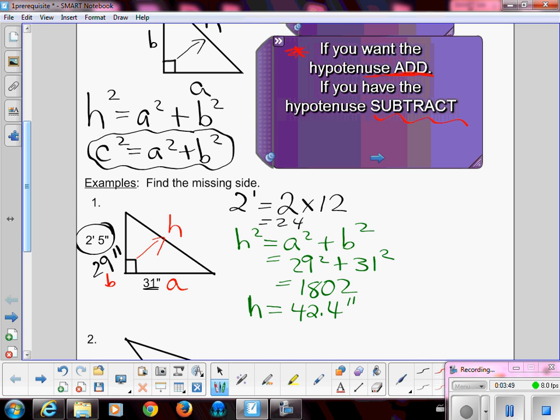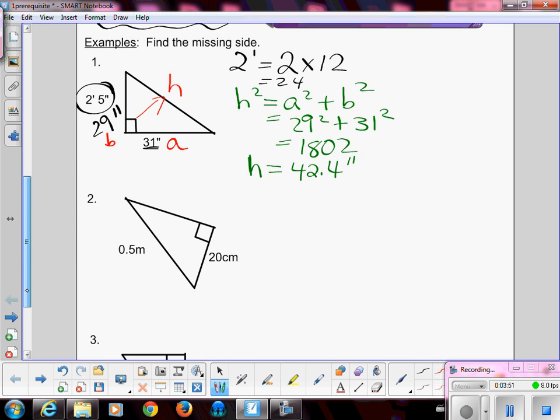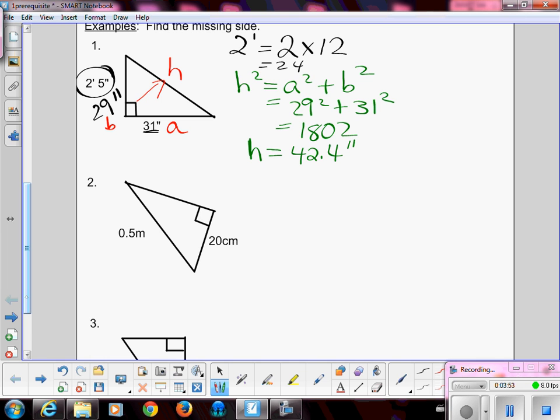Let's try another one now. The next one, we have meters and centimeters. I think I'm going to change my centimeters to meters, so that means there are 100 centimeters in 1 meter. So this is really 0.2 meters.